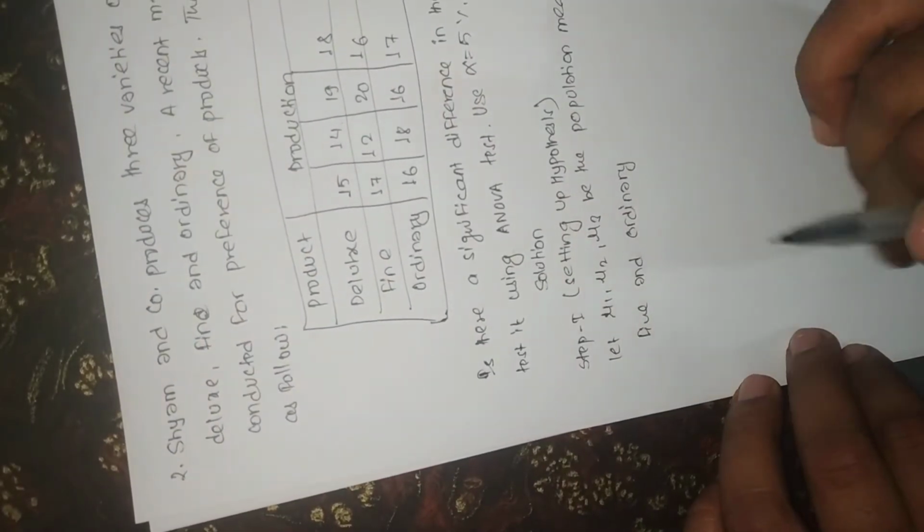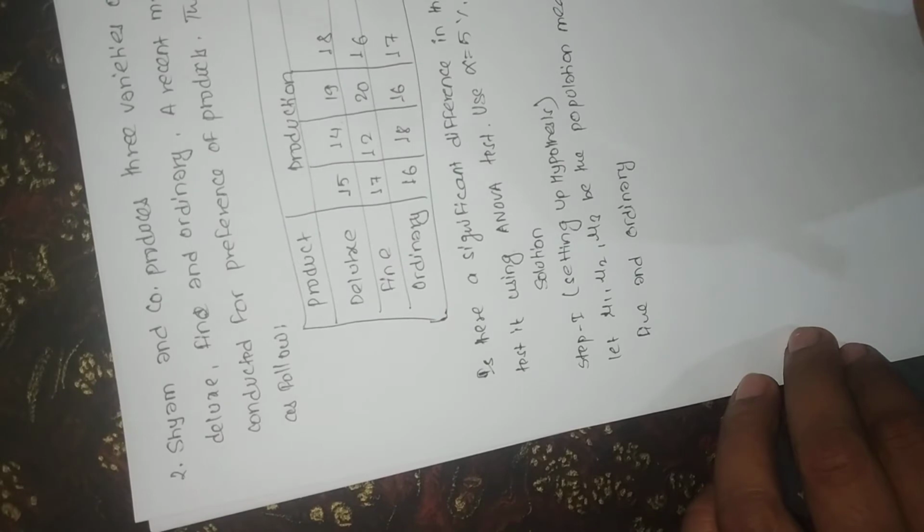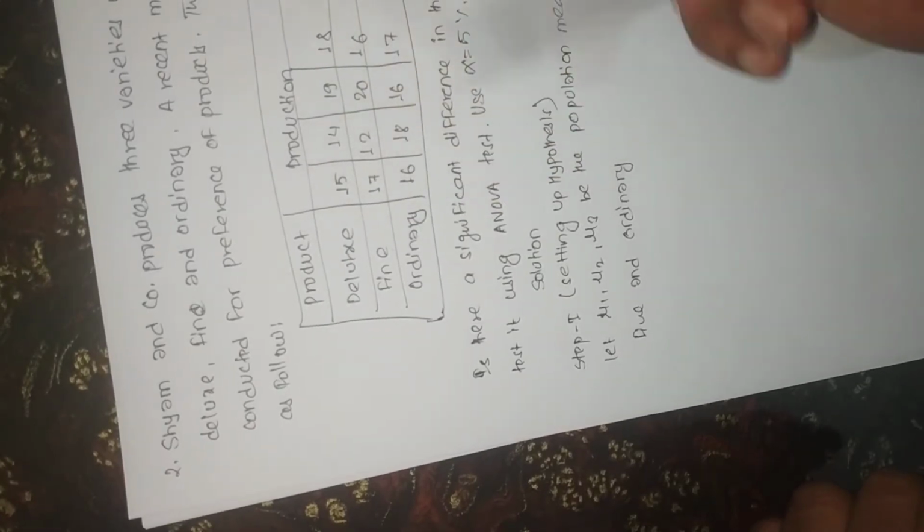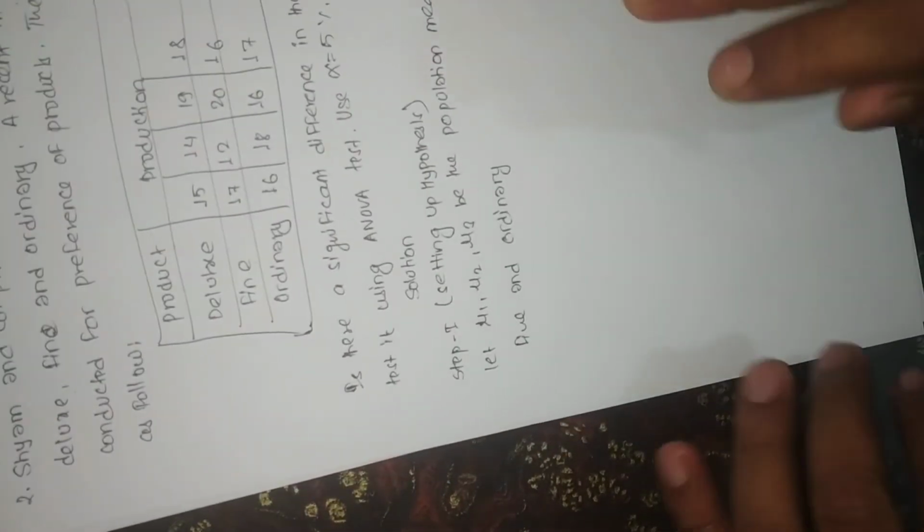ANOVA is used on random samples with more than two variables; the populations are normally distributed, the variances of the populations are equal, and every sample is independent from each other, never dependent.